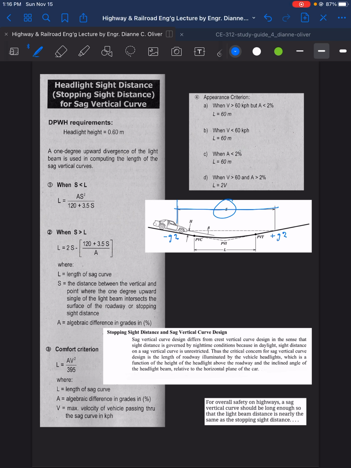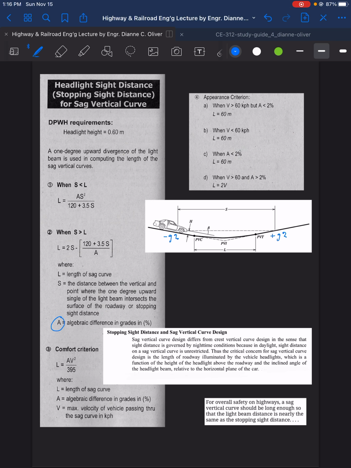It goes from this portion of the vehicle up to the tip of the light beam as it intersects the roadway. Now as for the length of the curve, we have here the L, as you can observe, from this point towards this point. Now A is the algebraic difference in grades in percent.